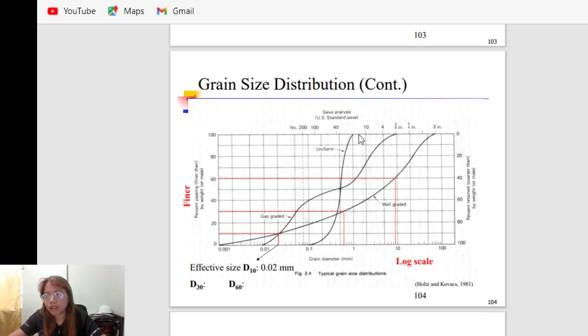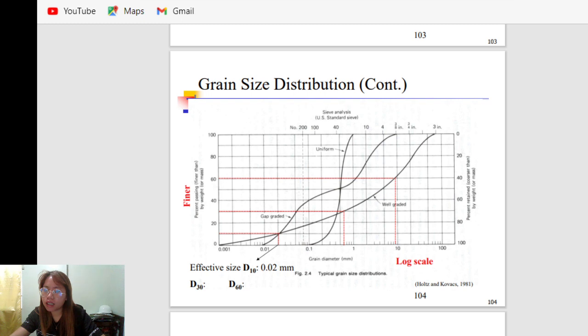What this means is that uniform, meaning the size of most of the soil in your sample is within this range of grain size diameter.